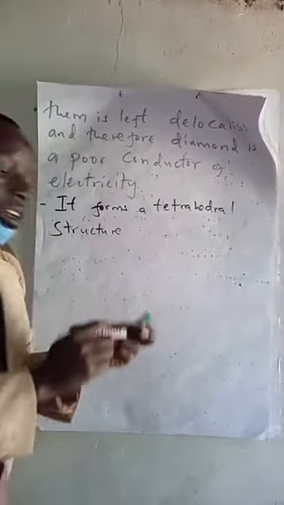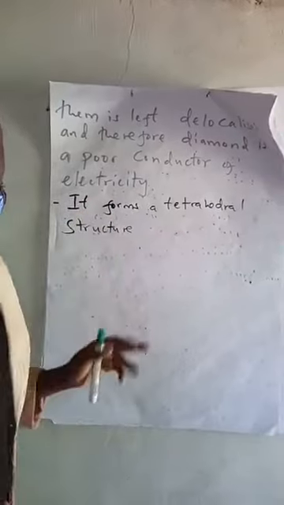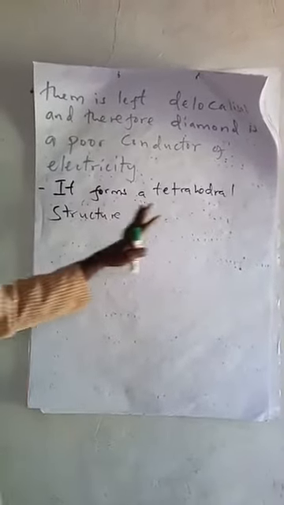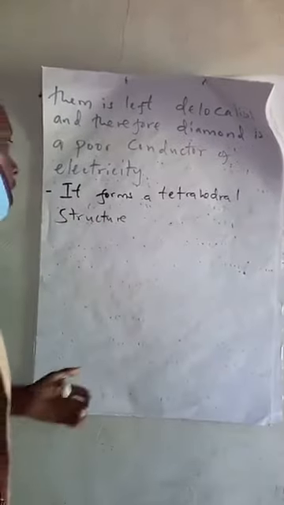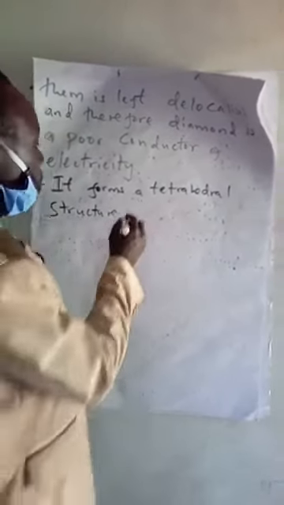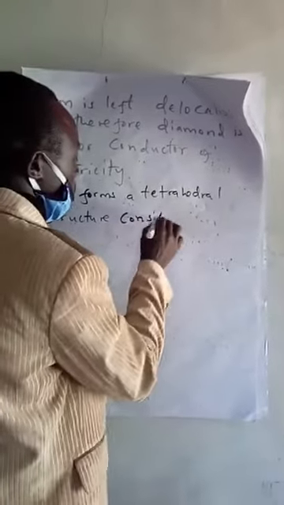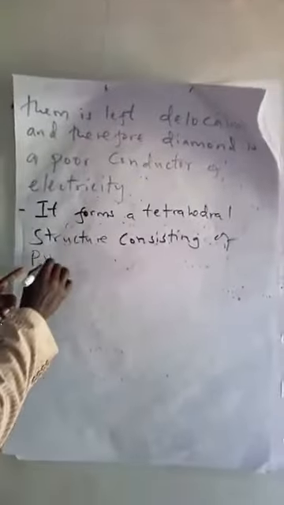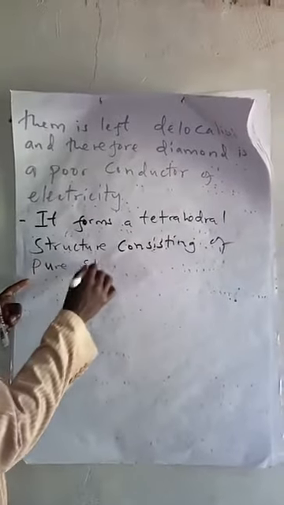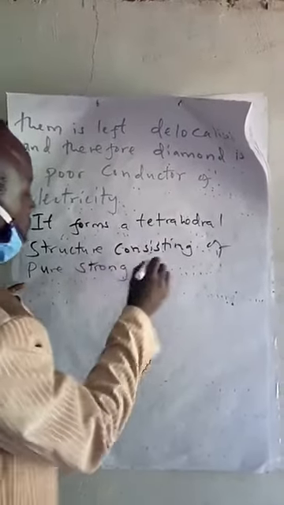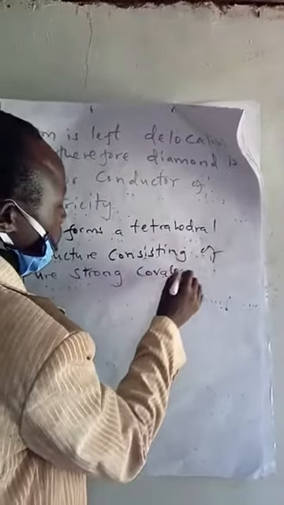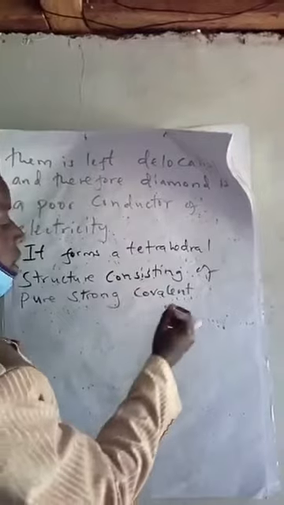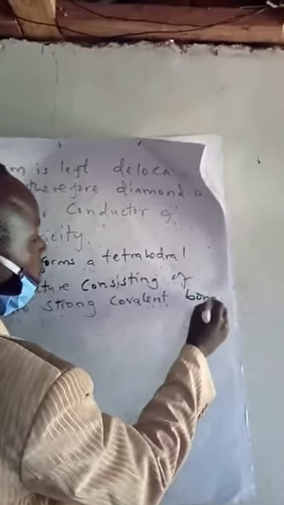We have said when carbon bonds to other 4, so it bonds to another 4 with other 4 to form a tetrahedral structure, consisting of pure, strong, covalent bonds.